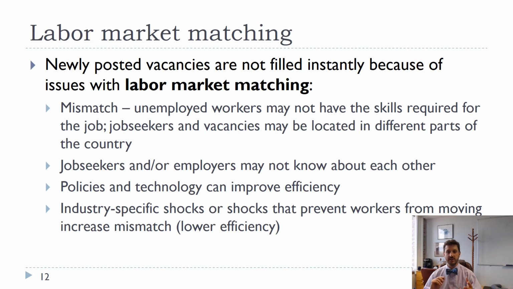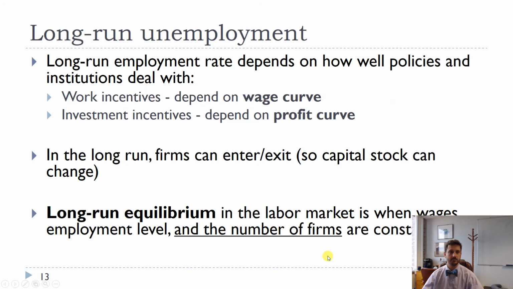And then it could be that there's a problem. So if one industry experiences a negative shock, right? And so we lose a lot of jobs in that one industry and other industries are growing, and so they would be taking those workers, but those skills are different, then that could create one of the mismatches that we talked about before, and means that the unemployment rate will stay higher for a longer period of time.